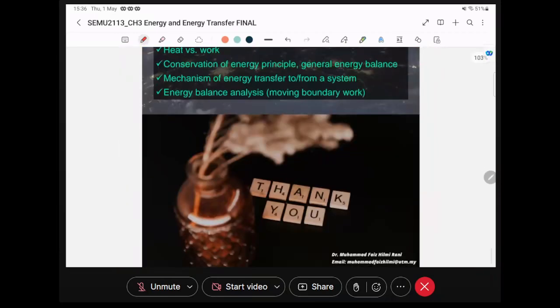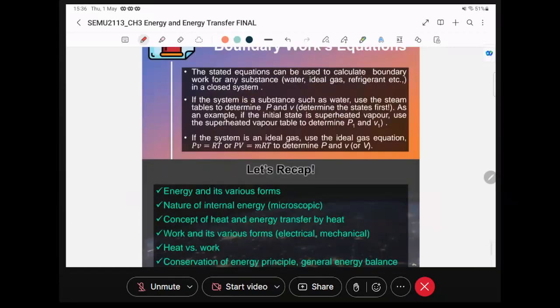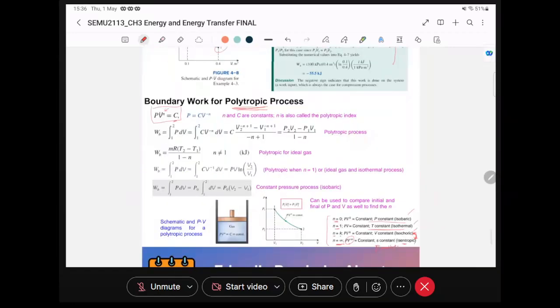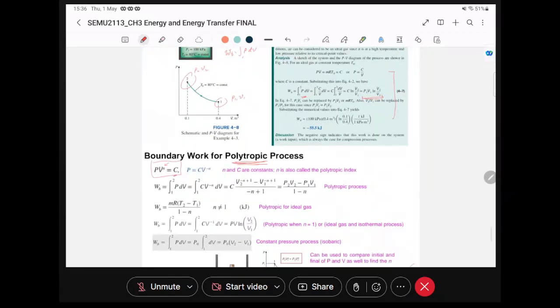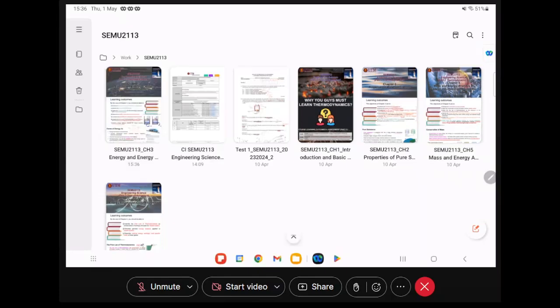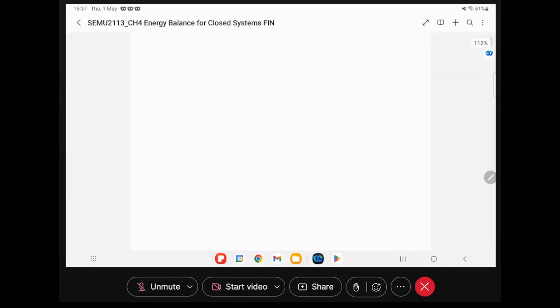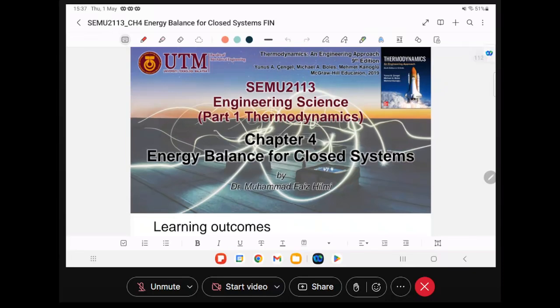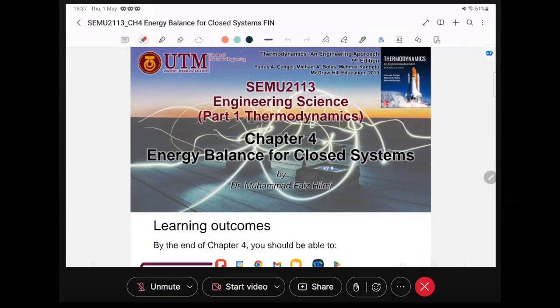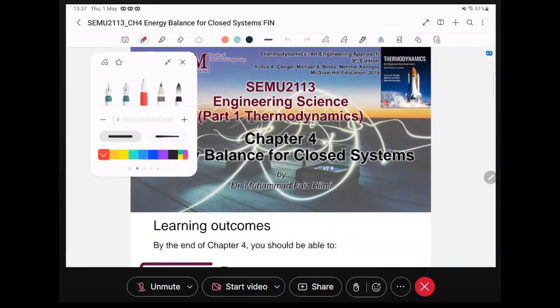Right then. So I think that's pretty much about the theory of energy and energy transfer. Okay. So moving to chapter 4, we'll be looking at the energy balance for a closed system.